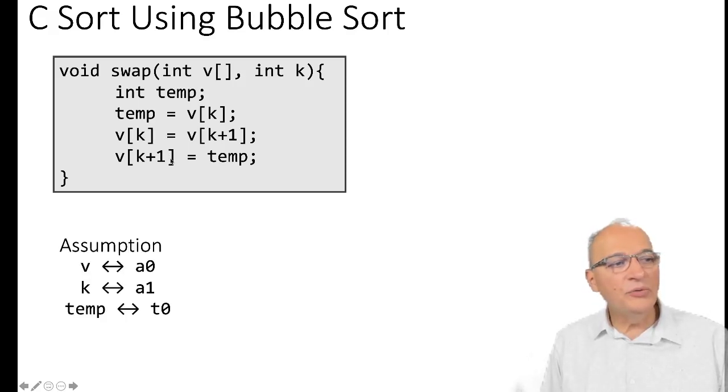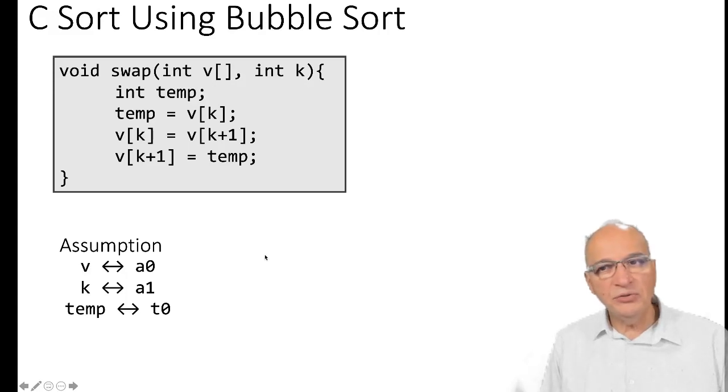Let's look at how we're going to implement this in RISC-V assembly. The assumption that I'll make is that v, that is the address of the first position of the array v, is in the register A0, and k, which is an integer that indicates the index into the array of the position that I want to do the swap, is in A1.